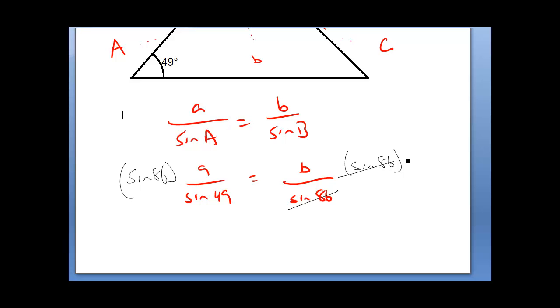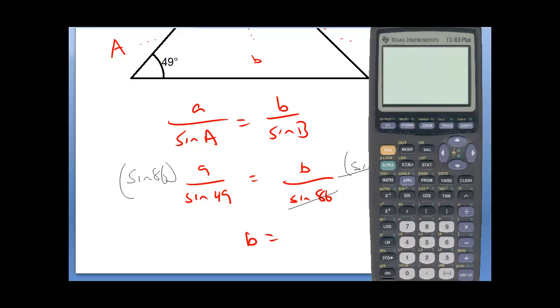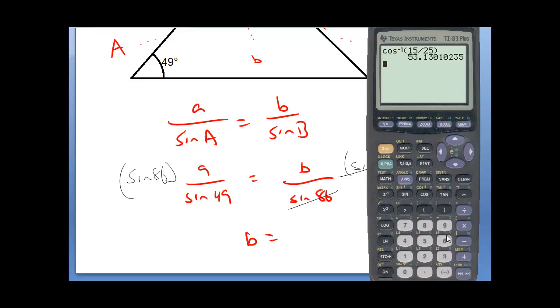And these ones divide each other out, and I'm just left with, I'm going to rewrite it from the opposite side, little b equals, okay, let's grab our calculator. And what do we have here? We've got sine 86, so I'm not looking for an angle, so I'm using sine straight as it is.